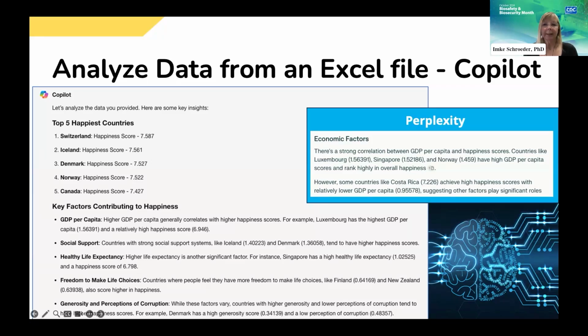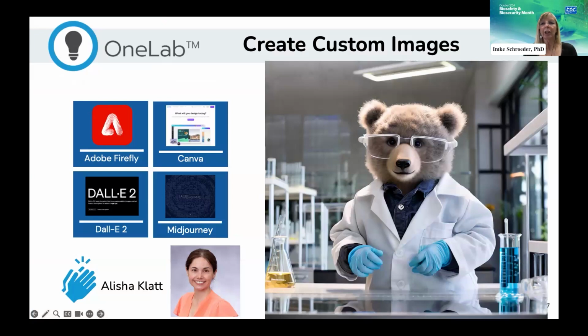So that's just an example. I now want to switch gears and talk about image creation. This is an image of UCLA's mascot that was created with Adobe Firefly. So we have the Bruin bear, and the Bruin bear is now in a lab coat with gloves and safety glasses.